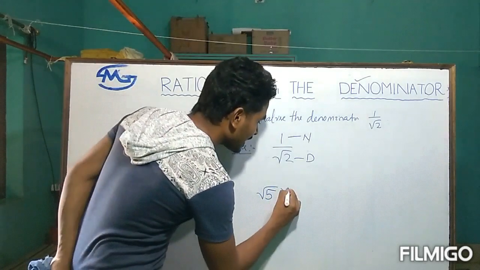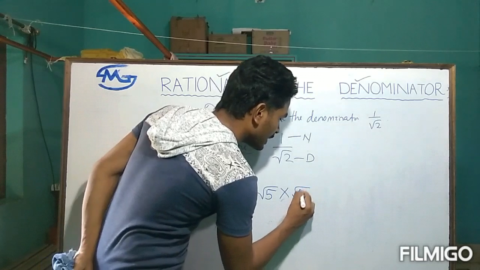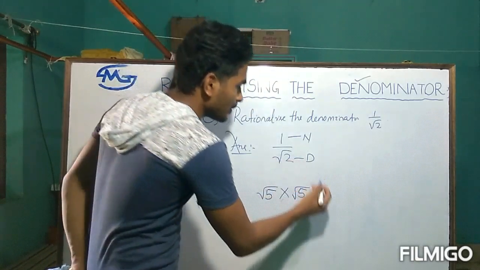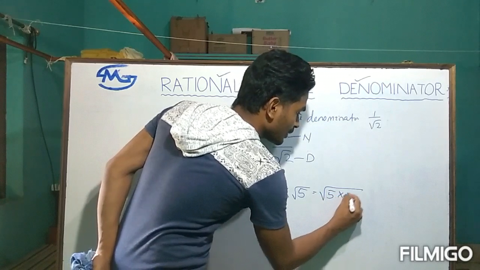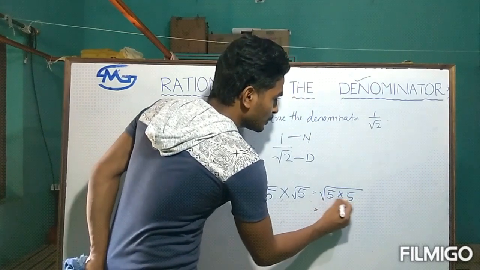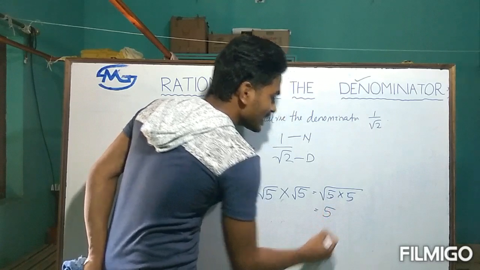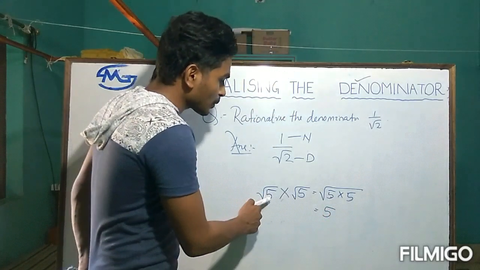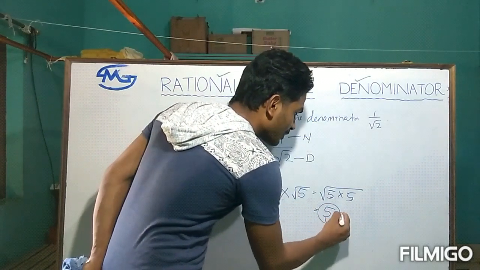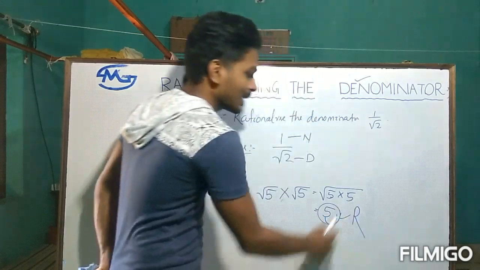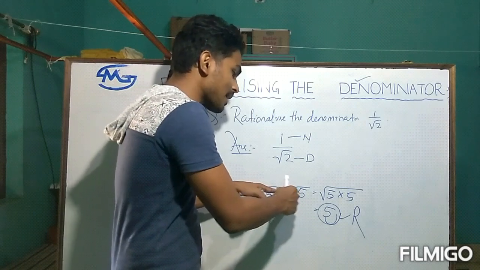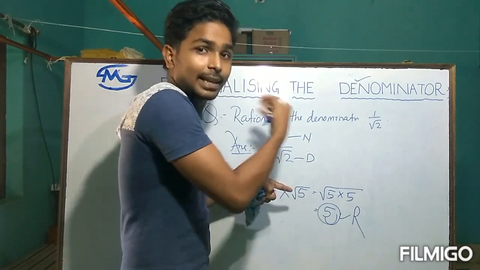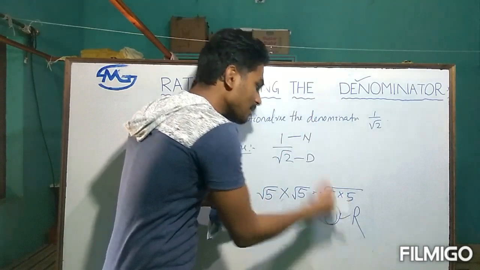If we multiply another root 5 with it, the value will be the square root of 5 into 5. For two 5s we write only a single 5. So root 5 into root 5 is 5, and 5 is a rational number. So whenever two same irrational numbers are multiplied, they give a rational number.